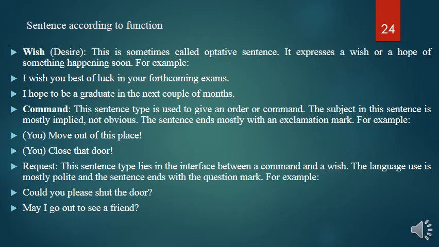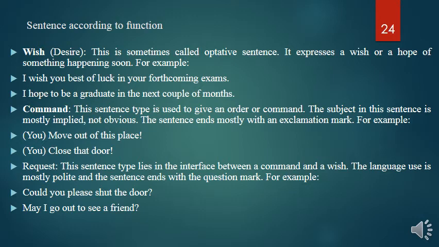For instance, I wish you the best of luck in your forthcoming examination. So this is a wish for you. And a command is a type of sentence used to give an order. The subject in this sentence is mostly implied, not obvious. That is, the sentence is mostly with an exclamation mark.